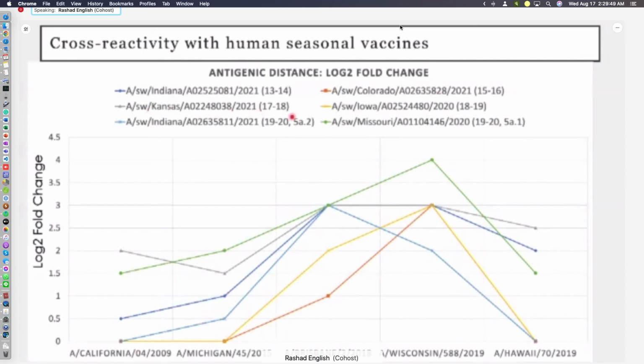Again, there's a lot of ebb and flow and changes from year to year, but the take-home message from this slide is that we do detect a breadth of antibodies against a number of different subtypes of influenza over the years. Again, these are healthy animals as far as we can tell, suggesting that there is regular exposure to influenza in these populations.